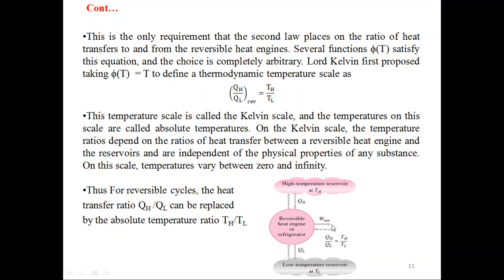When we treat this as the refrigerator, then this is the work in, QL is the amount of heat extracted, and QH is the amount of heat rejected to the high temperature reservoir. Now, for this type of case, if you want to find the ratio of QH by QL, it will come out equal to TH by TL according to the thermodynamic temperature scale.